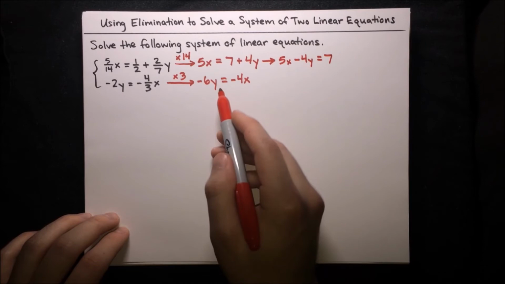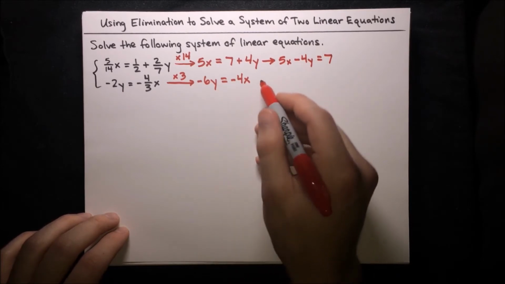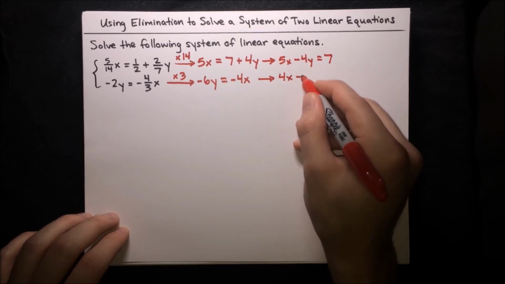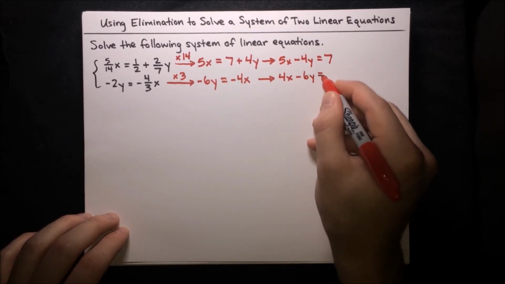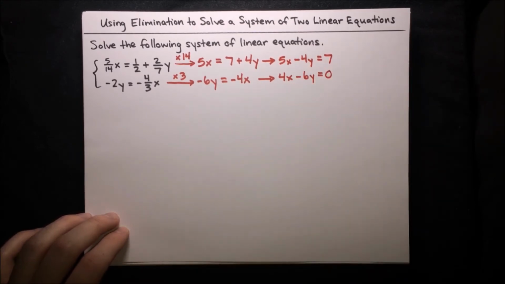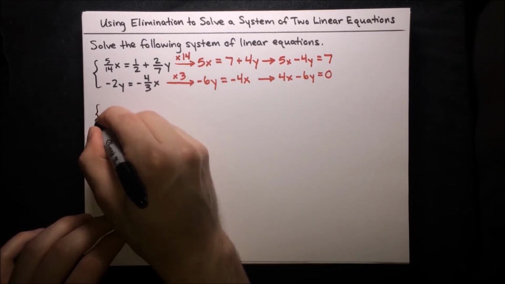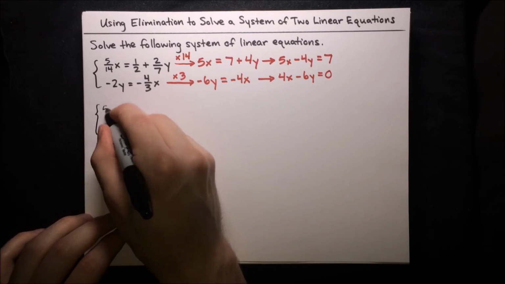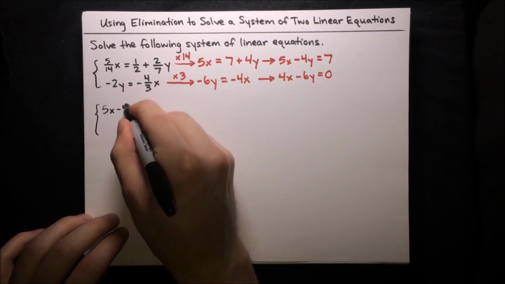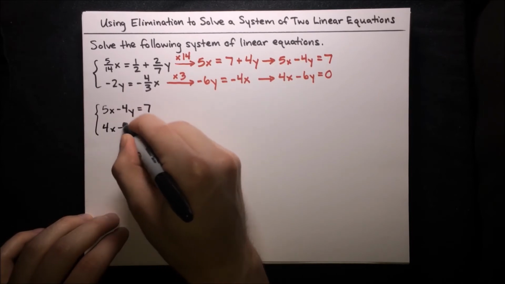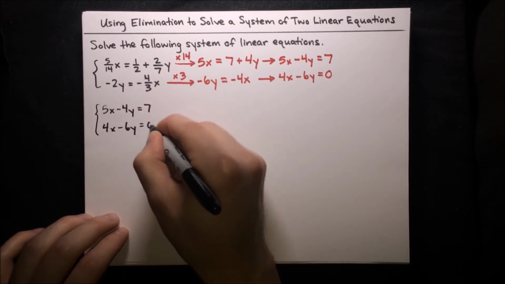And then in the bottom equation, let's just add 4x to both sides and get 4x minus 6y is equal to 0. Okay, great. So we've cleaned things up a lot. Why don't we write this again on a new row, just so we have a new row to actually perform elimination. So 5x minus 4y equals 7, and 4x minus 6y equals 0.